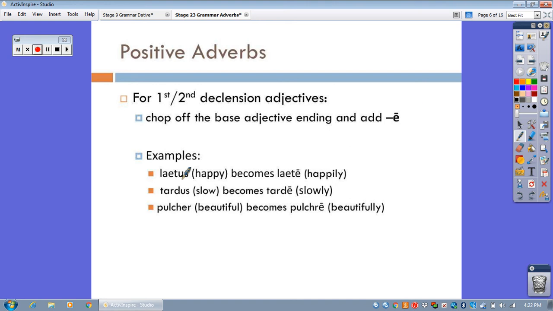So laetus would become laete, happily. Tardus, meaning slow, becomes tarde, slowly. Pulcher, beautiful, becomes pulchre, beautifully. Pretty straightforward, so you just see the e.